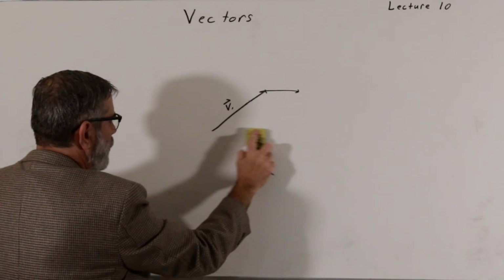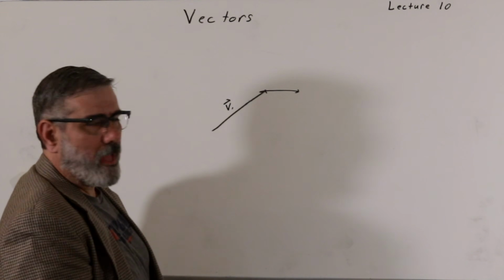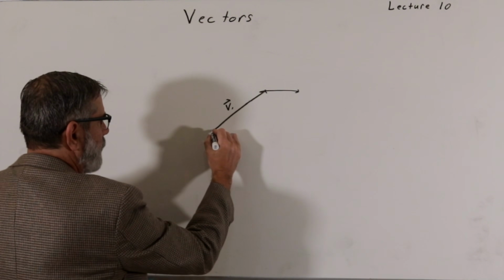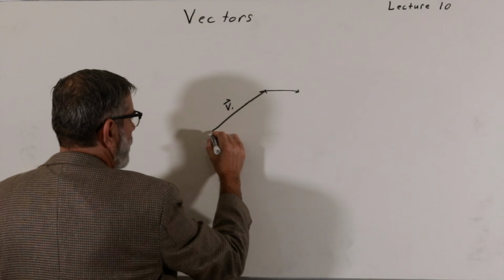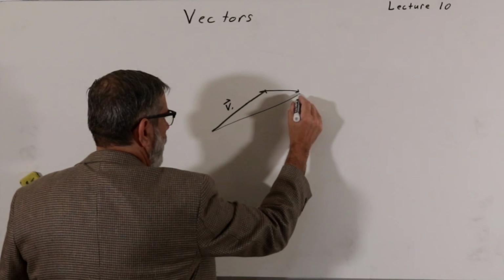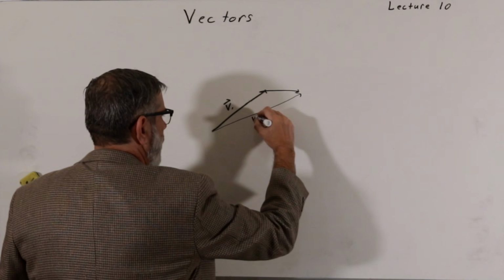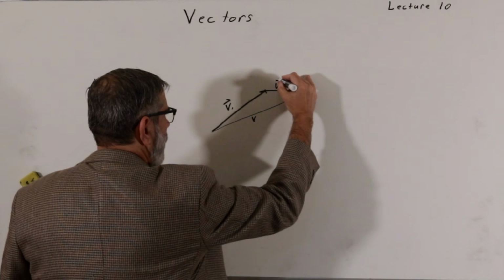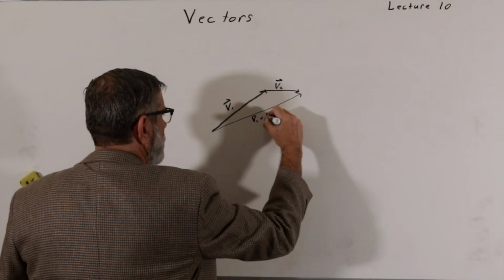Then the way that we add the two vectors is from the tail of the first vector to the head of the second vector. This is the sum of these two vectors, v1 plus v2.